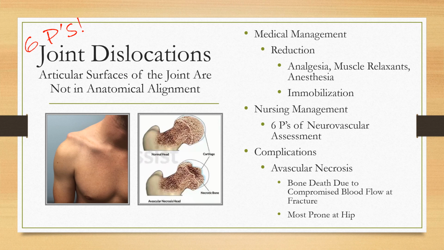The hip is classic for that because the blood supply comes right into the head of the femur, and when the hip gets dislocated, the blood supply gets compromised, and the head of the femur, that ball that you're looking at on the right there, can die, and they're left with what's called avascular necrosis and a very misshapen femoral head. And of course that leads to osteoarthritis and hip replacement because of the avascular necrosis. Okay.